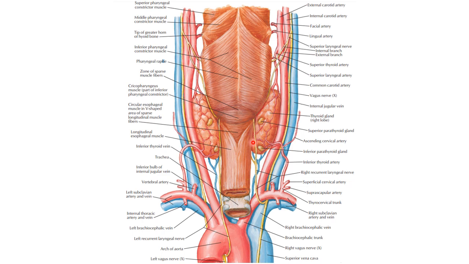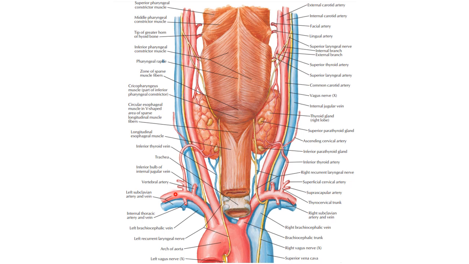Next, you will appreciate from this view that your inferior thyroid vein, which drains the inferior pole of the thyroid gland and will be very rich in thyroid hormone, will drain into the brachiocephalic vein, as well as here on the right.